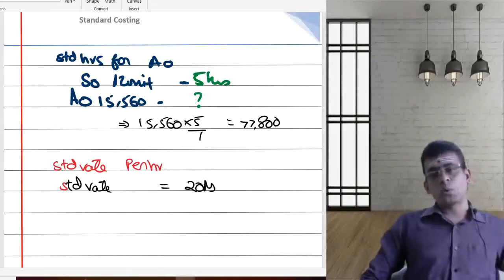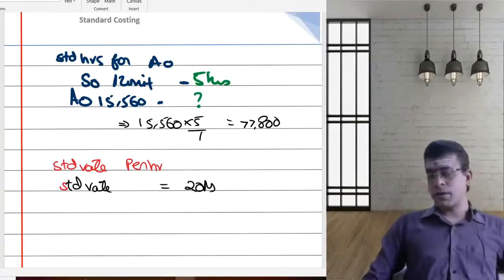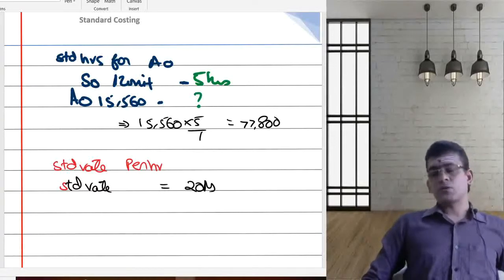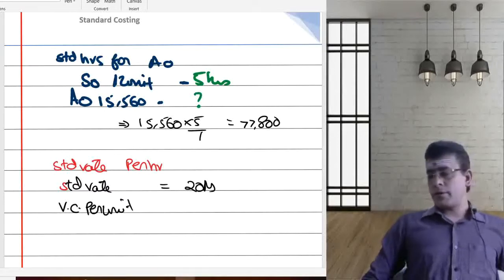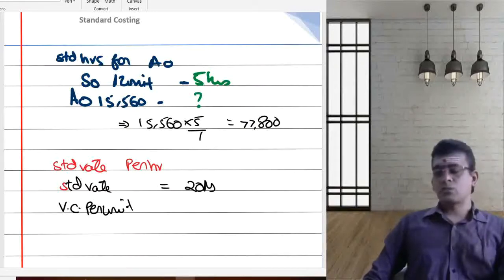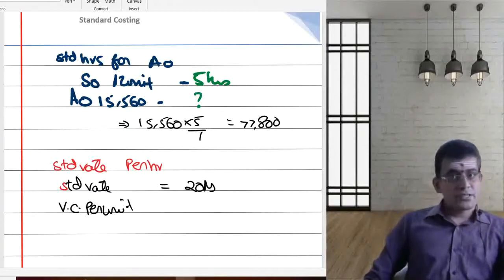We basically know this comprises your fixed cost component and also your variable cost component. Now let us calculate your variable cost per unit. My standard rate minus variable cost is going to give me my fixed cost per unit.